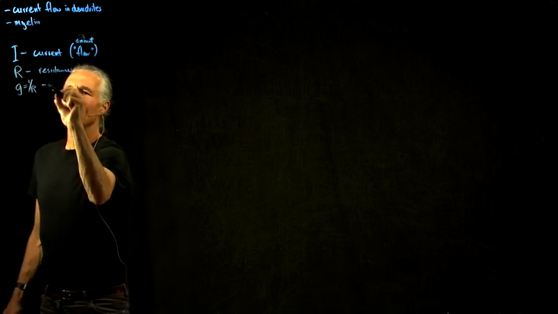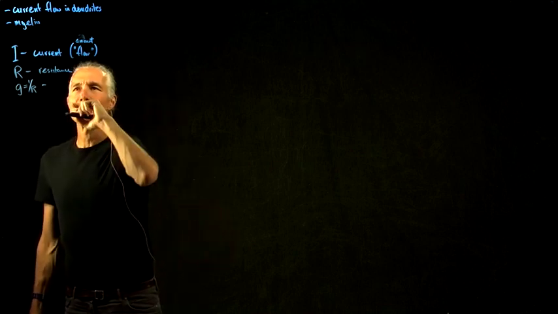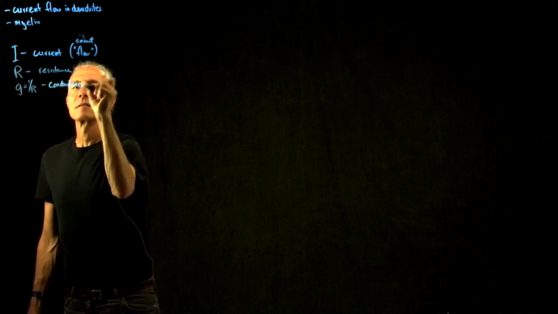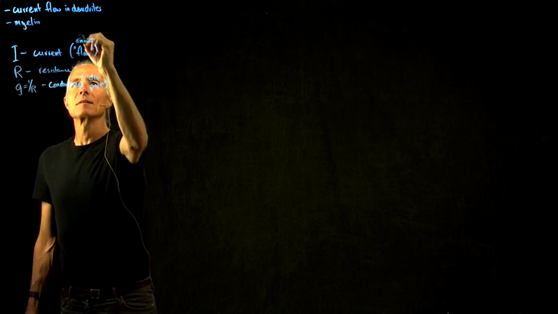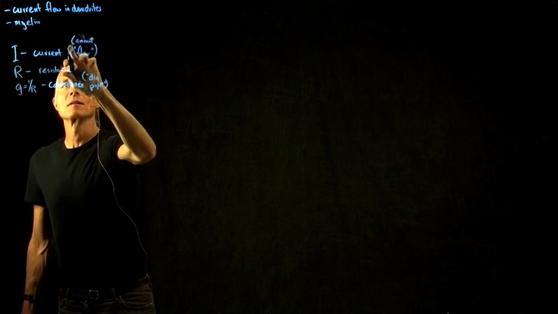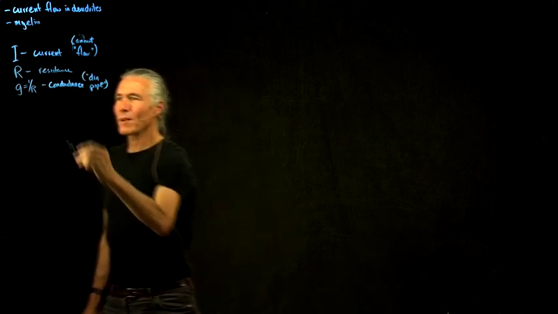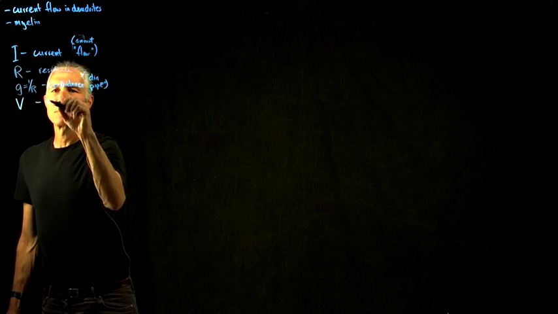Conductance is kind of like the diameter of the pipe. So bigger pipe, more water gets through. So this is amount of flow. Then we have the voltage, which is like pressure.